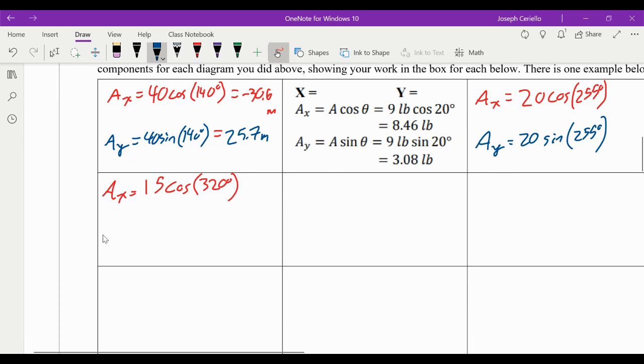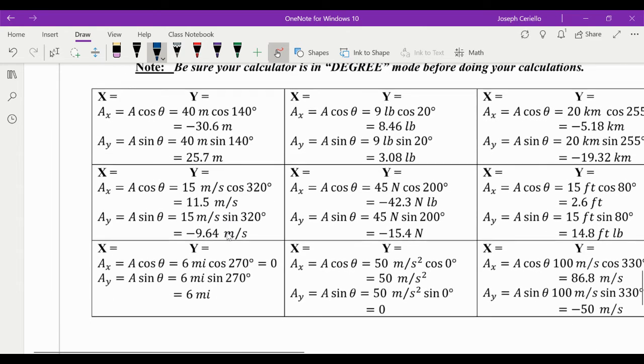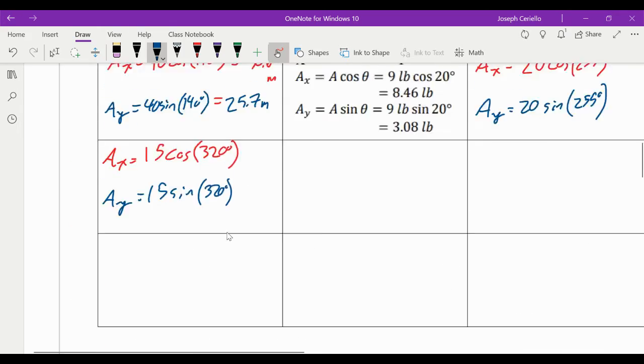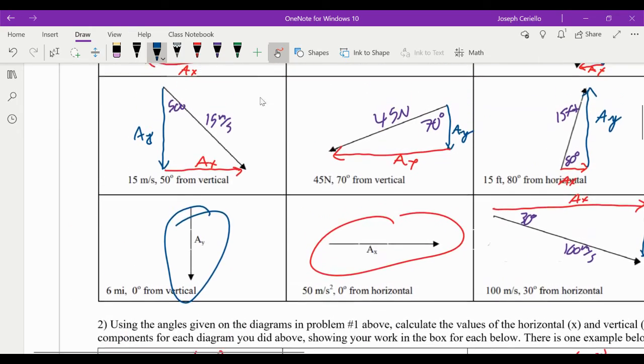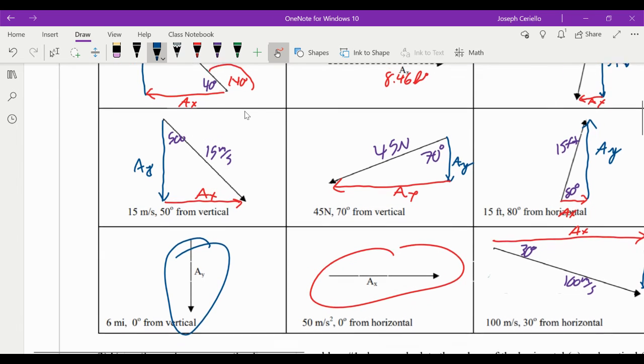And the AY is going to be 15 sine of 320. And let's see if those were right. Yeah, they are. Now, what you could also do is, instead of using 320, you can use negative 40 degrees. That'll be the same.